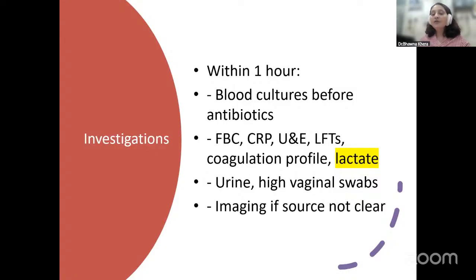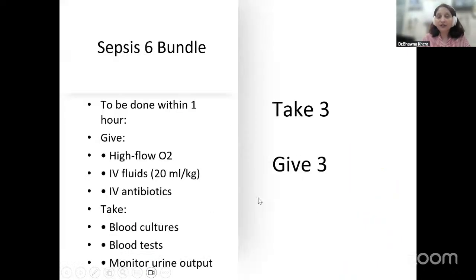So full blood count, CRP, urea and electrolytes, LFTs, coagulation profile, and lactate are the ones which are required. Urine, high vaginal swab. And imagine if the source is not clear, we may require X-rays, ultrasounds, or specialized imaging, depending on what type of infection we are expecting in this patient.